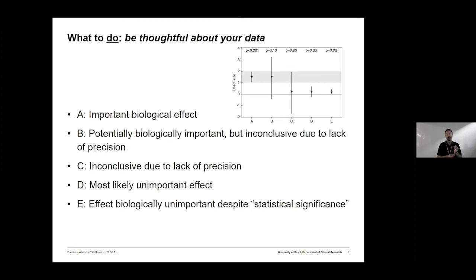It's so small that it's potentially irrelevant, and it is important also to bring this into the discussion. You see now that if you base your conclusion solely on the p-value and whether or not it's above or below a given threshold, this is only part of the information, and it makes no sense to make a strong conclusion based on the p-value when actually you discuss a very small effect that has no implication on your medical practice.